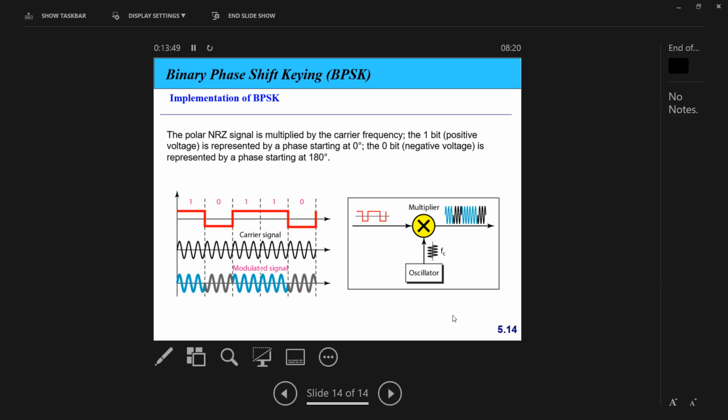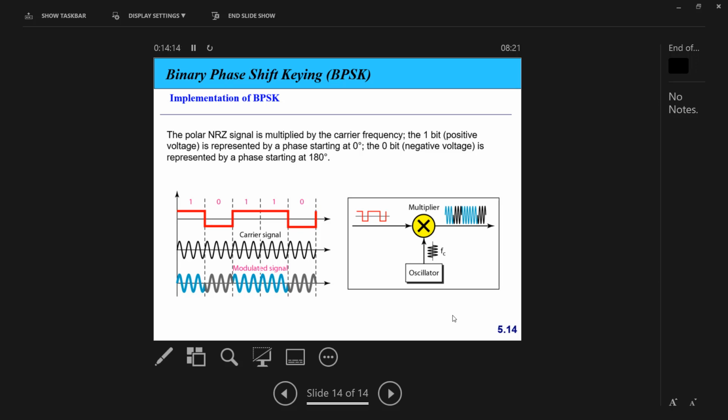Also from a decoding point of view, because the receiver should detect the actual phase and should know if it's zero, for example, or 180 or something. So detecting the phase is more difficult than just putting a threshold on the amplitude: if it's above the threshold it will be one, below the threshold it will be zero.